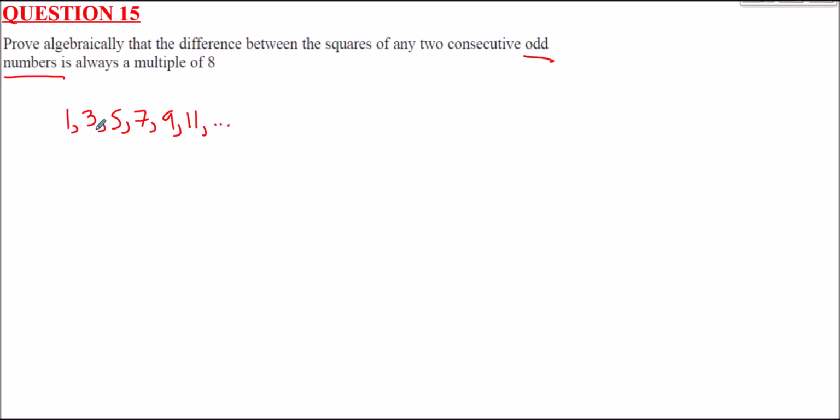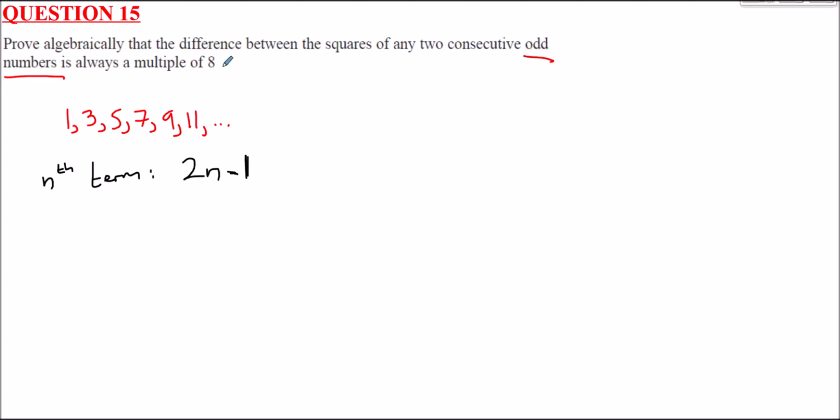So what's the nth term of an odd number? Well, the numbers are going up in 2's, so it's going to relate to 2n. Then compare this sequence to the 2 times table: 2, 4, 6, 8. Each of these is 1 smaller than the 2 times table, so we subtract 1.